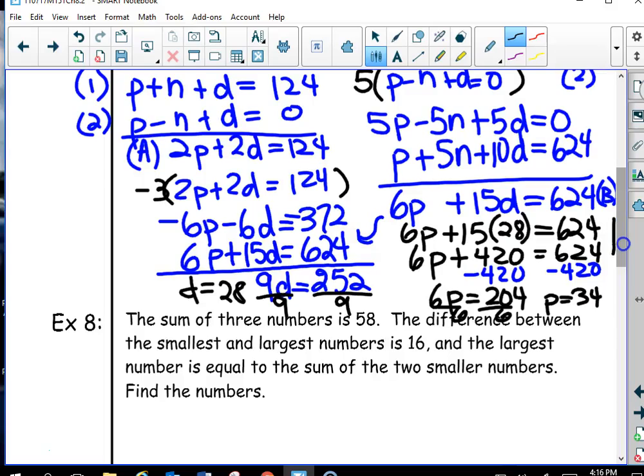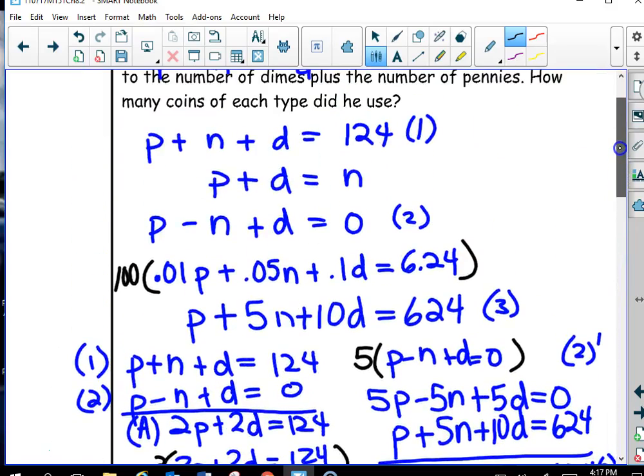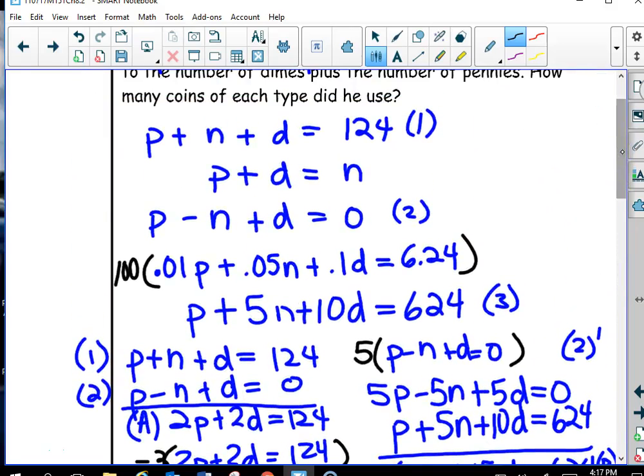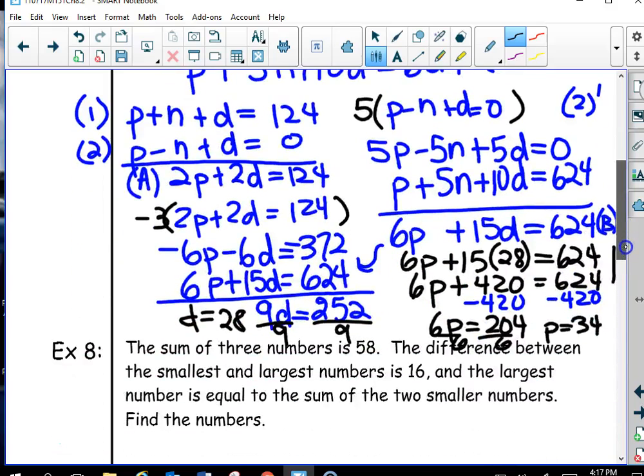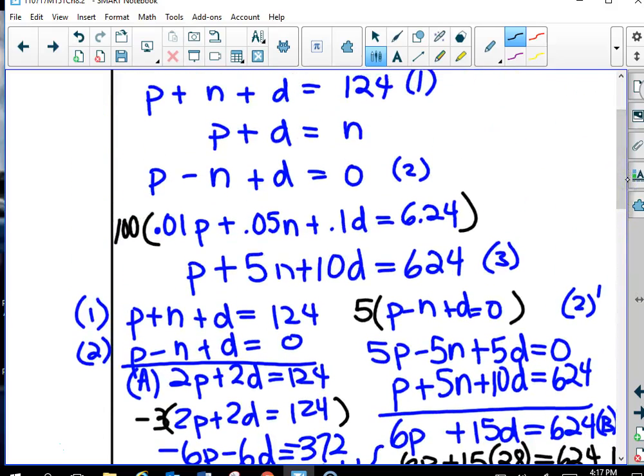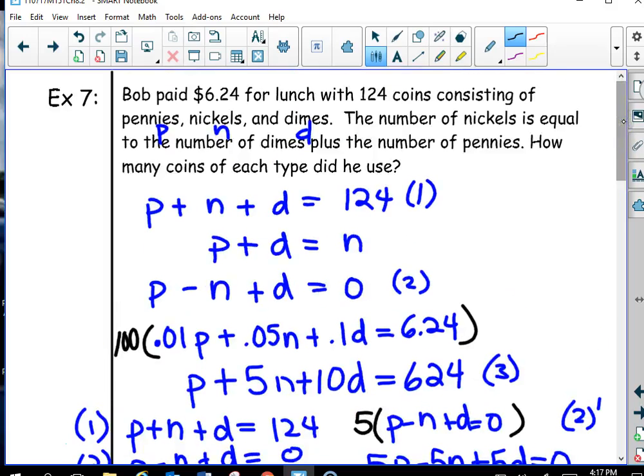Okay, and go up to one of the easy equations. P plus N plus D equals 124, and I'll use this room here. So we know that D is 28 and P is 34. 34 plus N plus 28 equals 124.